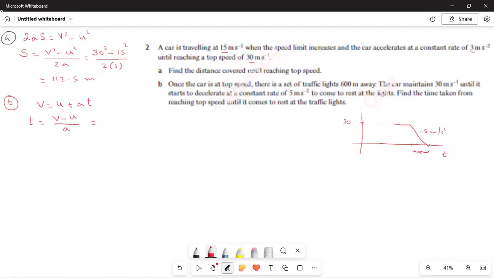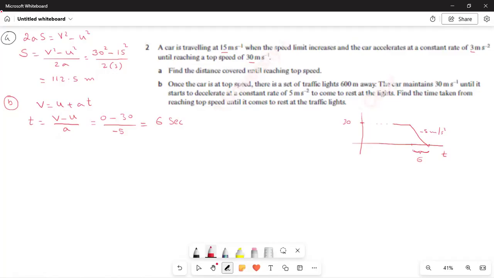The final speed was zero, initial speed was 30 meters per second, and acceleration was minus 5. Why do I put minus 5? Because the acceleration was such that speed was reducing. So it will give me 6 seconds. This is the period when the car decelerates from 30 meters per second to zero speed.